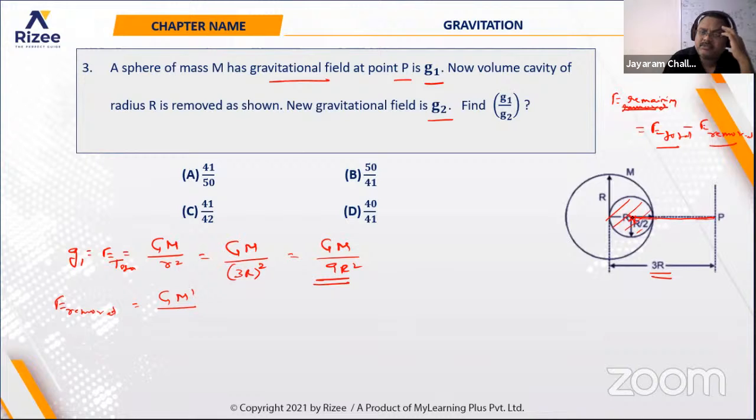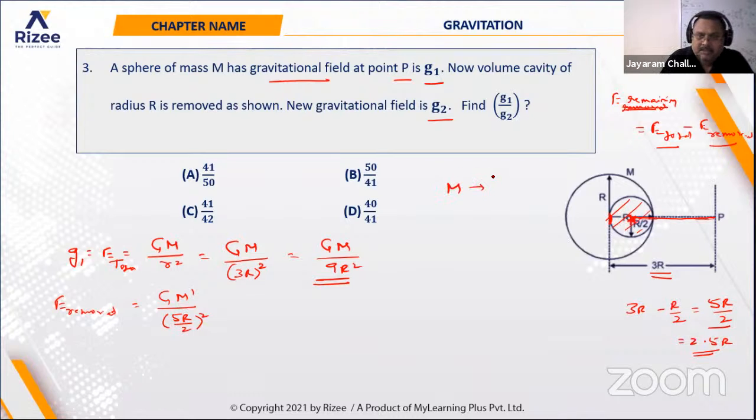It is 3R minus R by 2, so 6R minus R, that is 5R by 2, or 2.5R. The removed radius is R by 2. Now the distance squared is 5R by 2 whole square.